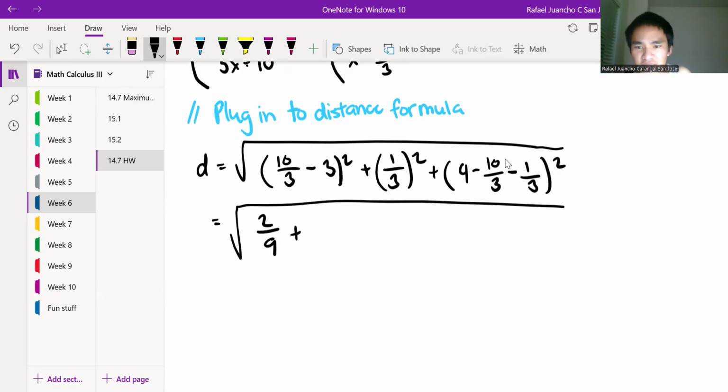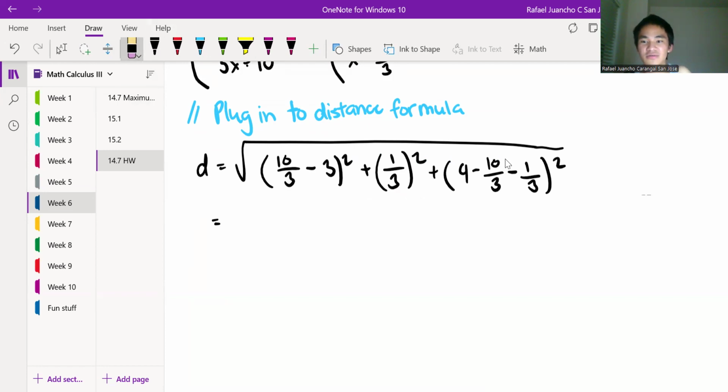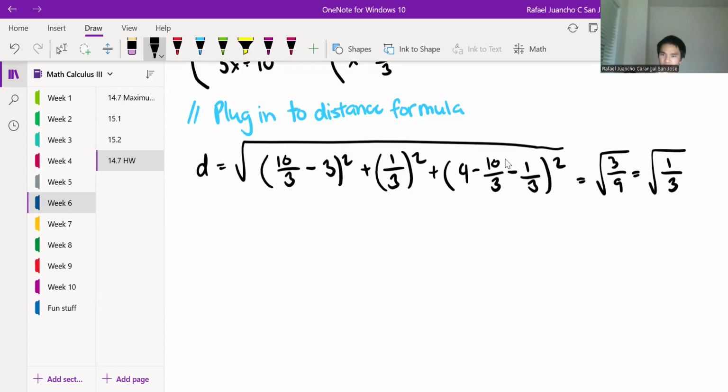This is plus, and then this one is 4 minus 11 thirds, 3, 12, 1/3 squared, so plus 1/9, 3/9. I actually just get 3/9. I can simplify, so I get 1/3, right?